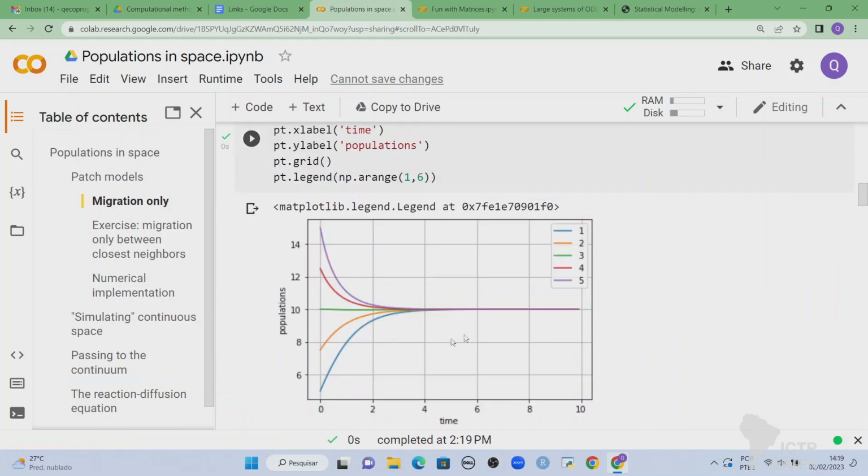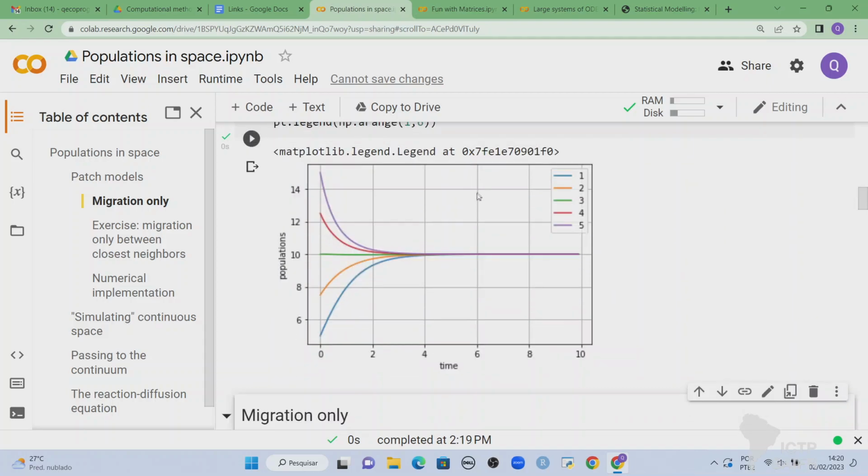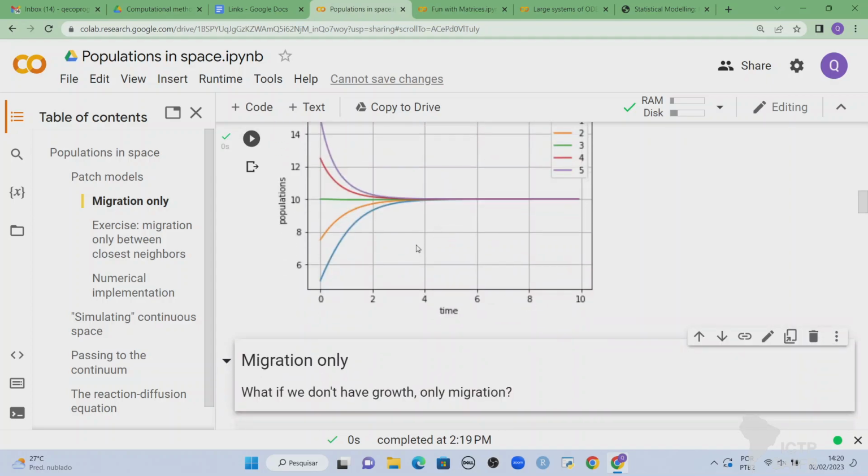So patch 1 starts here with only 5 individuals, patch 2 starts with 7 and something, and patch 3 starts with 10, patch 4 starts with a bit over 12, and patch 5 starts with 15, or not individuals, but some unit of population, right? And they all converge to 10, because the carrying capacity of all of them is 10, okay? So this is more or less what we expected to happen, yeah? They all converge to 10 eventually, okay?